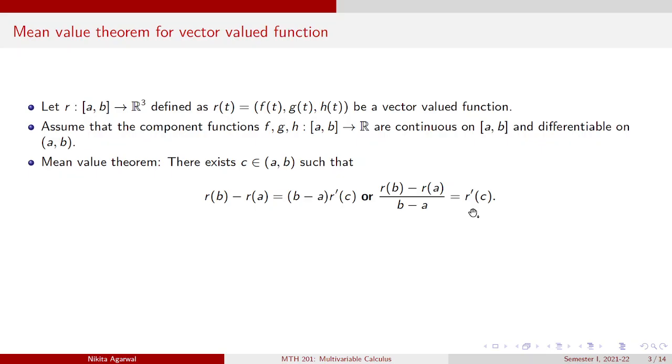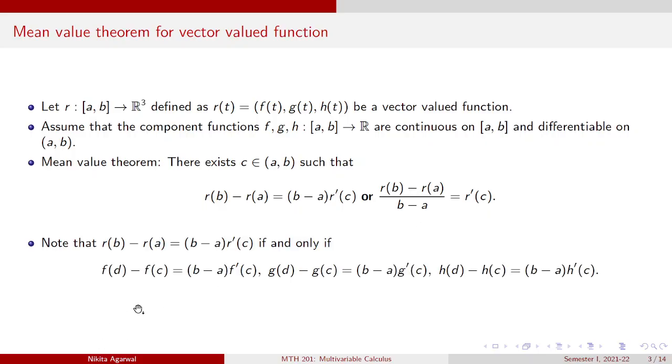If you remember the mean value theorem from MTH 101, the geometrical significance is that when you join the end points of the graph of the function, there is a point in the middle such that the tangent at that point is parallel to this line joining the endpoints. And this is precisely what you have here now in terms of curves.